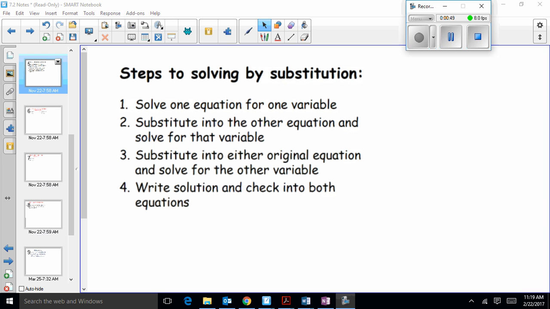Then after this, we are able to substitute into either original equation and solve for the other variable. So we'll have, say, x, for example, and then we're able to plug that in for x and solve for y. We can write solutions and check in both equations. Like we talked about in class, we can always go back through, check our answer, make sure we're right.